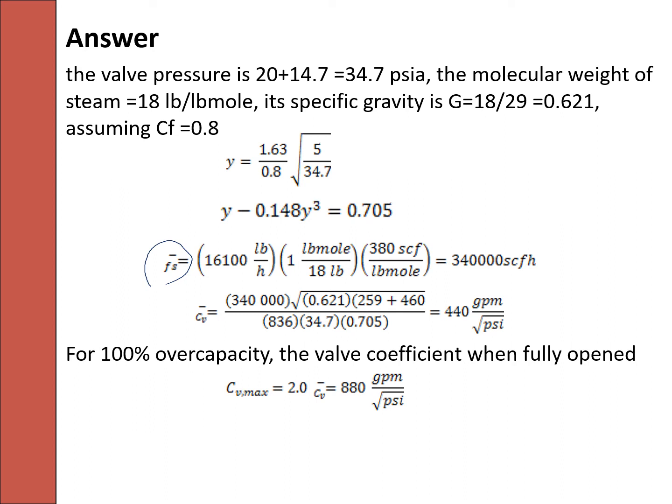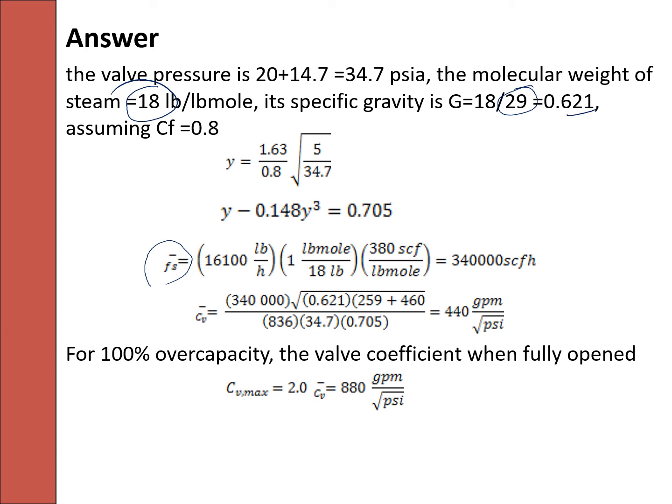So the first term is valve pressure. We change to psia by adding 14.7. The molecular weight of the steam is given as 18. So the specific gravity, because we refer to the standard which is 29, we just divide 18 by 29 and we get this.